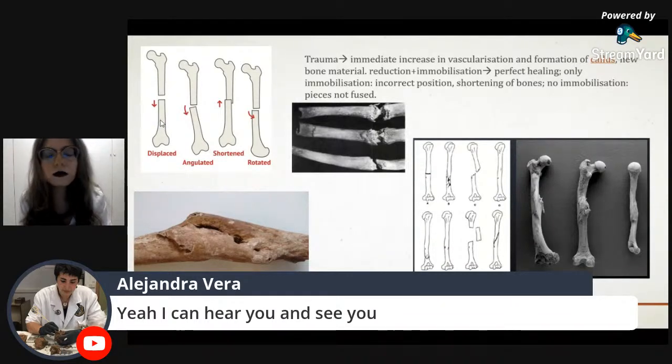Because sometimes, given the force that could lead to a trauma, as we can see here and here, the piece of bone could slip, could move into the tissue of, let's say, a limb, and need to be put in place.